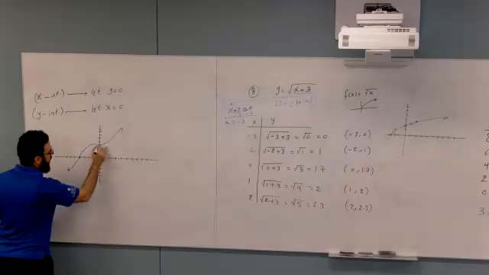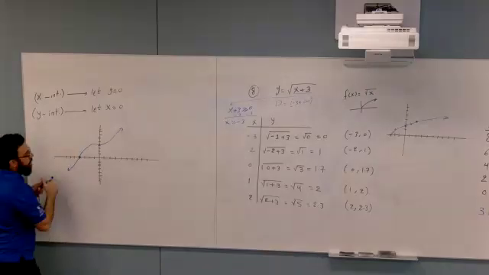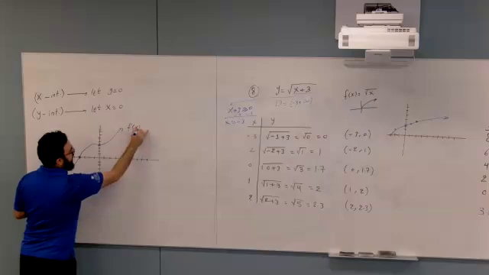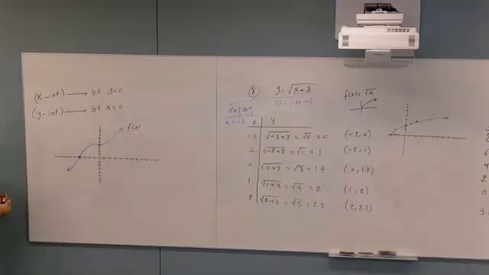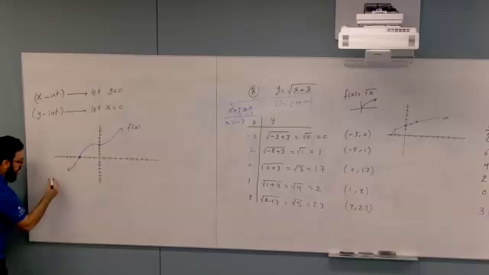X-intercept. The graph is the graph of the function. The graph intersects with the x coordinate at which point? At this point, which is 1, 2, 3, 4.